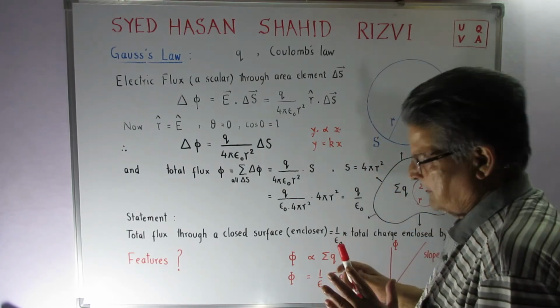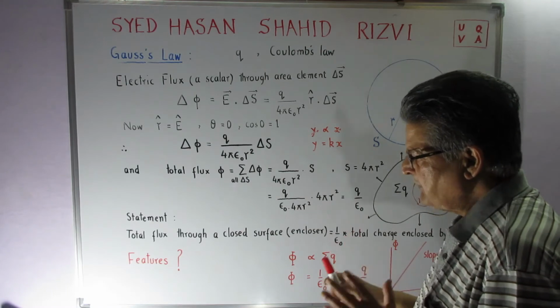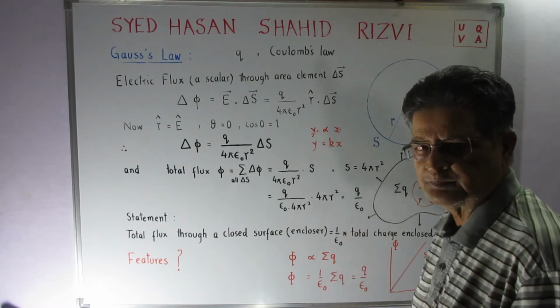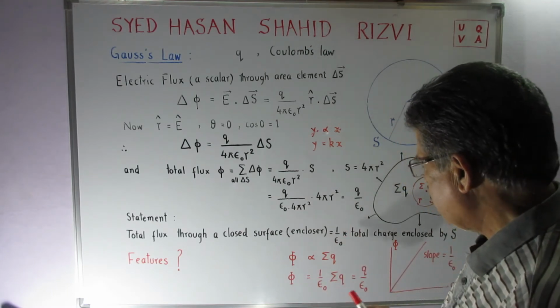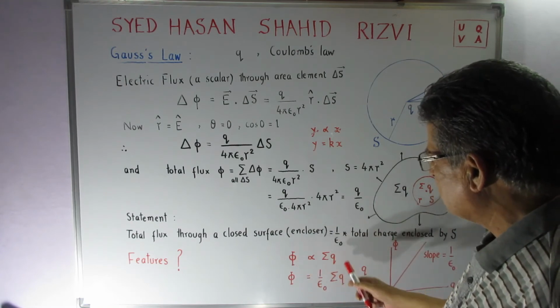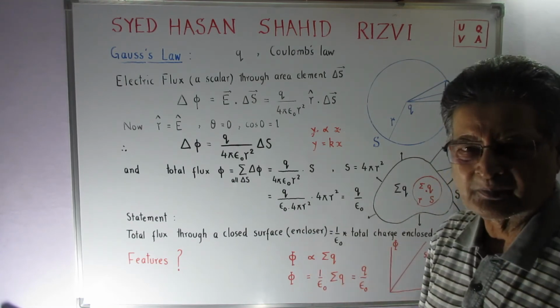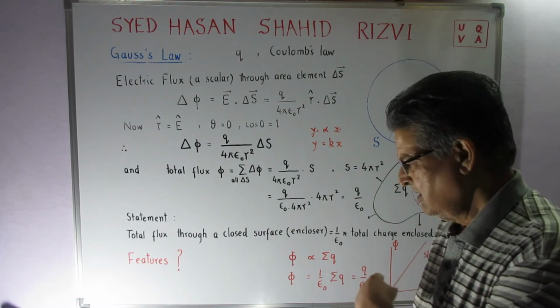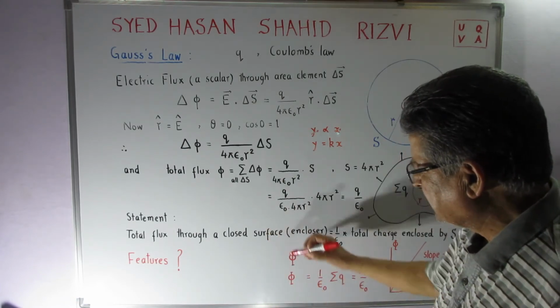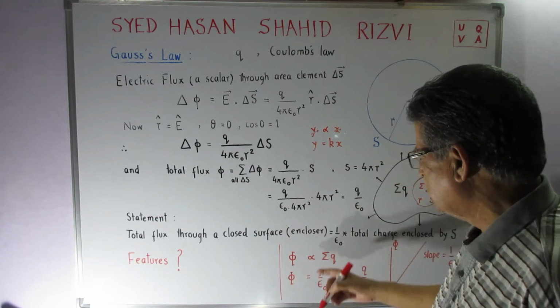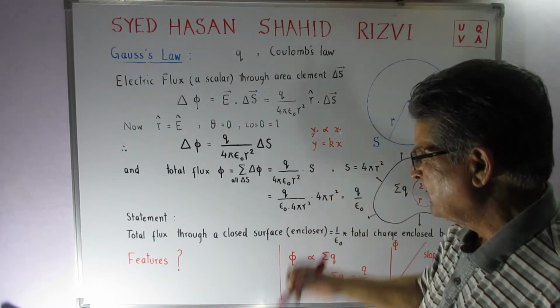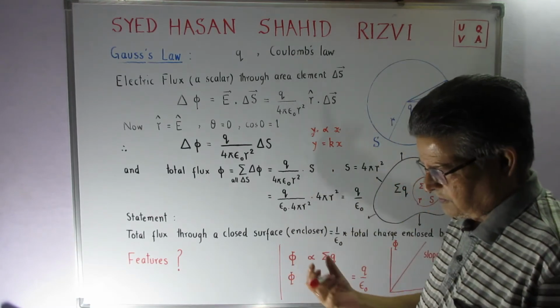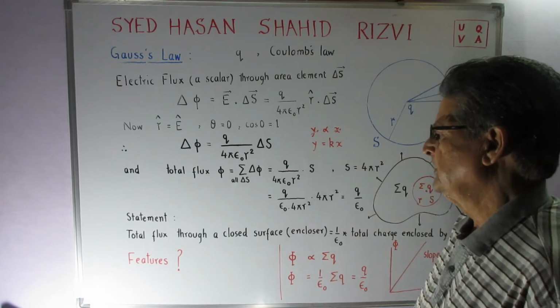So this is the way I have explained to you the flux out and the dependence of the flux on something. Here in this case it is charge, and other cases can be there where the variable may be different. Gauss law applications may be taken in certain situations.